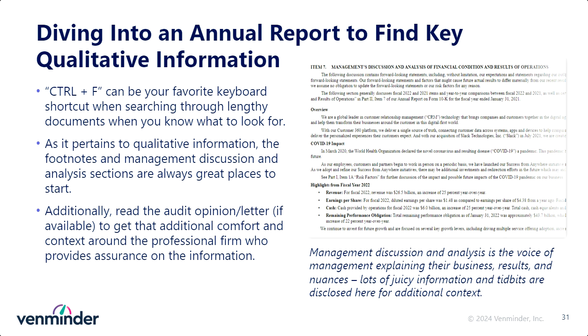As it pertains to qualitative information, you want to focus on risk factors. You also want to focus on sections like management discussion and analysis, because this is the voice of the management team giving you context behind some of the trends and highlights within the quantitative disclosures, as well as other things that they want to highlight to you. You also want to read the audit opinion or letter, if that's available, to give you additional context and comfort around the professional firm that reviewed the vendor's financials in this case and what they found during their review.